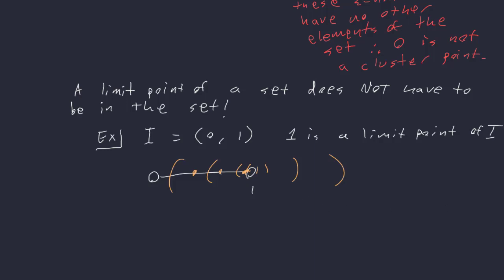However, an element like -1 is not going to be a limit point, because any epsilon neighborhood, say any epsilon less than 1, won't get you any points in the set. Even if -1 was in this set, so if we did union -1, -1 would not be a limit point.